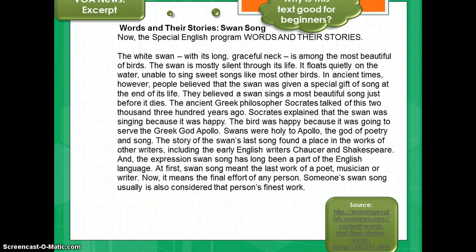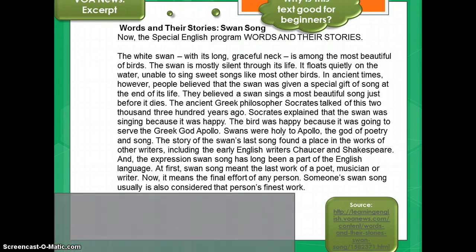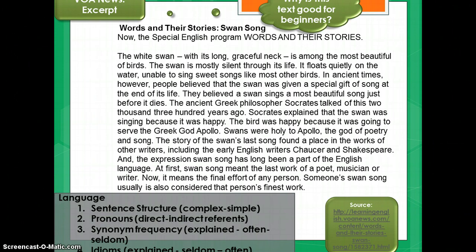Now this is the same text. Again, it's from VOA News. Now I want you to read it again and think about why this text is good for beginners. Think about the sentence structure, if it's complex or simple, for the most part.